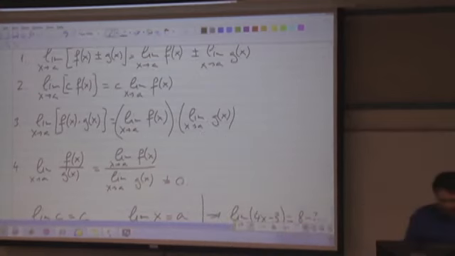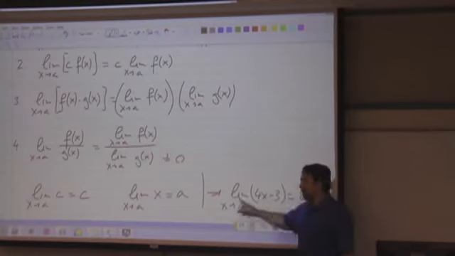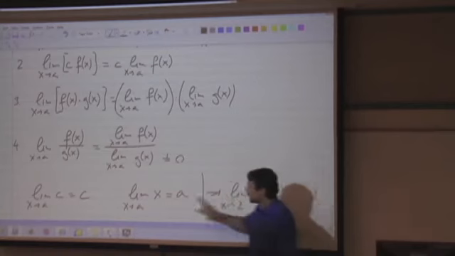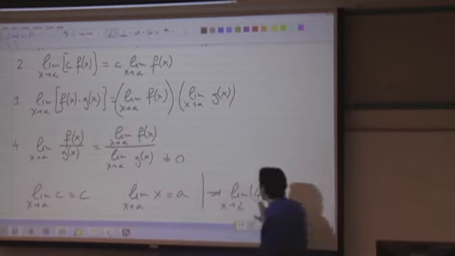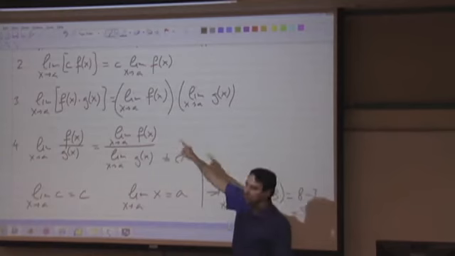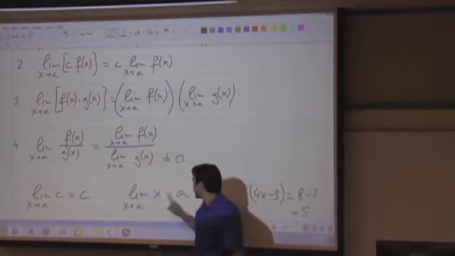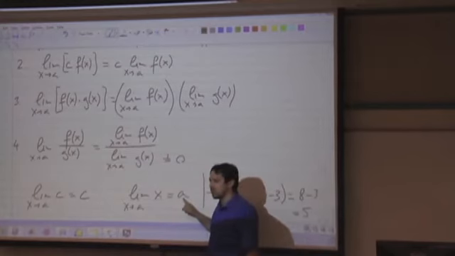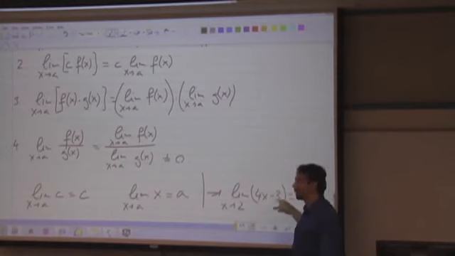So as a first thought, you can separate 4x minus 3 into the limit of 4x minus the limit of 3. The limit of 3 is just 3 based on this. The limit of 4x based on property number 2 is 4 times the limit of x, which is just 2. So you end up with 4 times 2 minus 3, so you end up with 5.